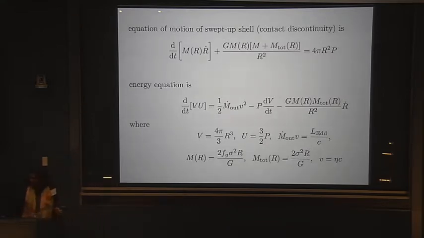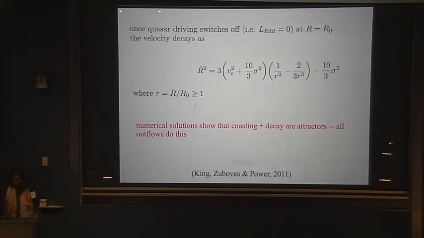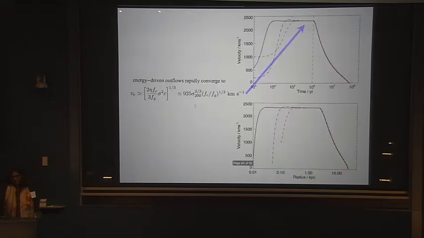When you put that in, you can write out the equation of motion for this shell, and you don't see any easy analytic solutions, so you've got to do it numerically, and you see some interesting features of the solution. Here is the velocity of the shell as a function of time, and as a function of radius.